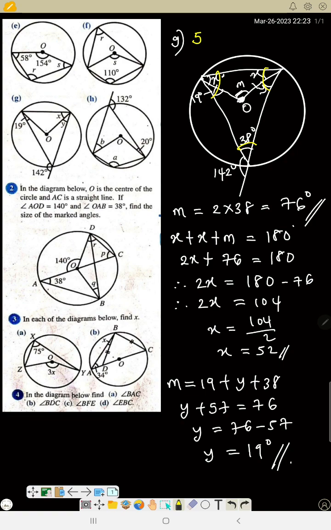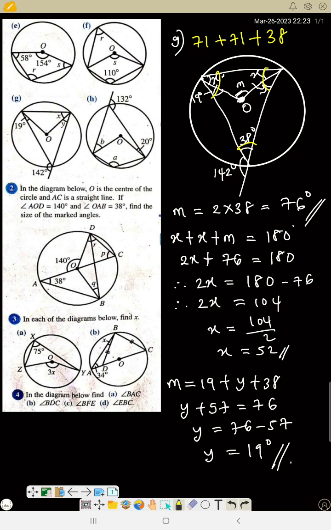So let me add everything together. So 52 plus 19 for the angle there, so that's 71, plus this one too, 52 plus 19. That is another 71. Then plus 38. This angle, everything must be 180. So 71 plus 71 plus 38, so that is 180. So that means it's correct. So x is 52, y is 19.